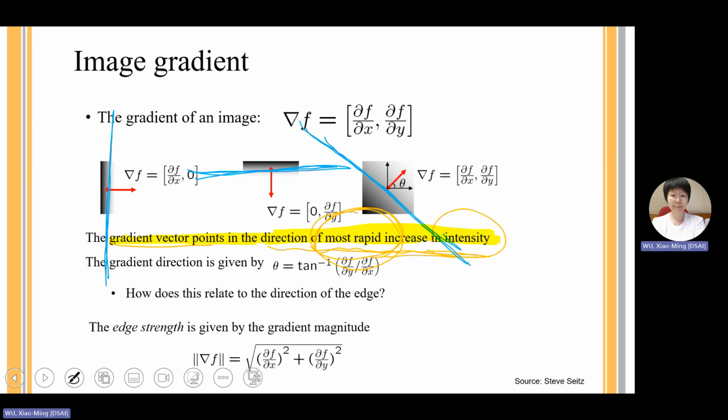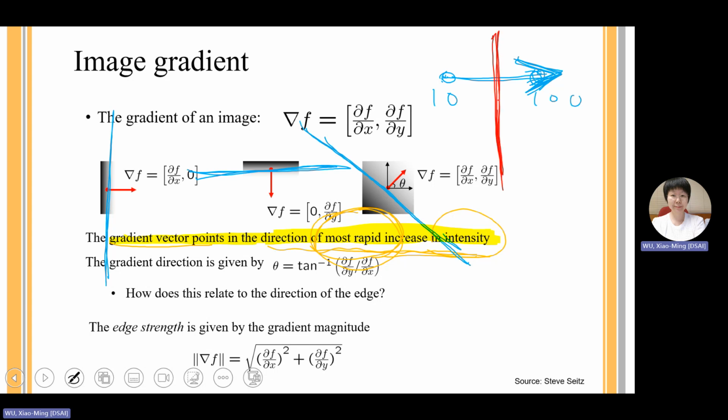Clear? Just as we say, if there's a significant change between two pixels, for example, this is 10 and this is 100. So this is the change direction. Along this direction, the pixel intensity increased rapidly, and this implies there's an edge here.